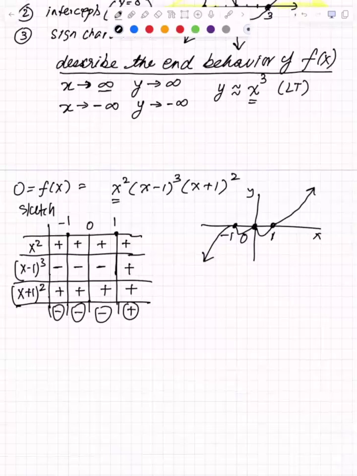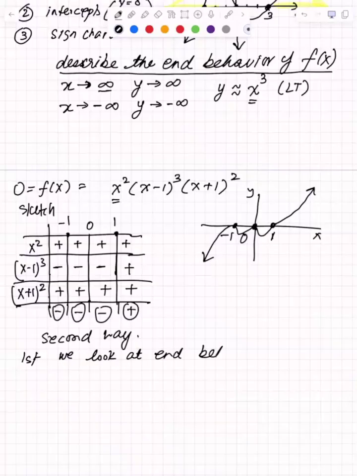But there is a second way to sketch the graph. First, we always find the zeros. So first we do the zeros, which we found were 0, 1, and negative 1. Then we look at the end behavior.